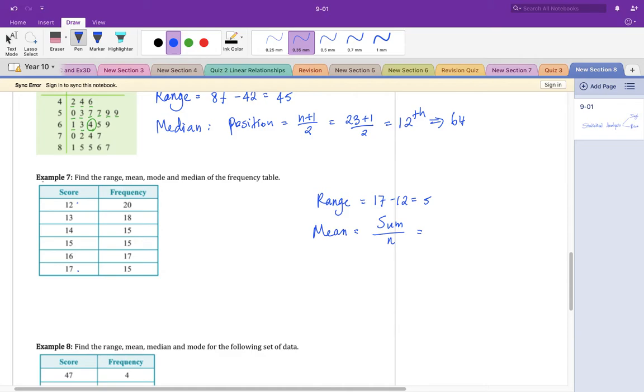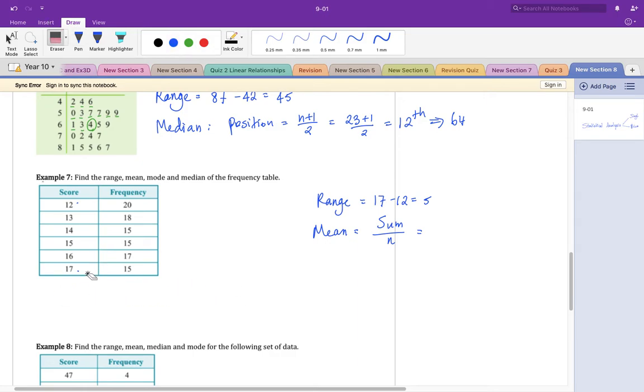Incorrect. There are 5 different scores, but then there are 20 of 12, 18 of 13, so there are definitely more than 5, right? Because you already have 20 scores for 12. So if you write this out, it's going to be 12, 12, 12, 20 times, and then 13, 13, 18 times, 14, and so on, 15 times, and 15, 15, so on and so forth, right?